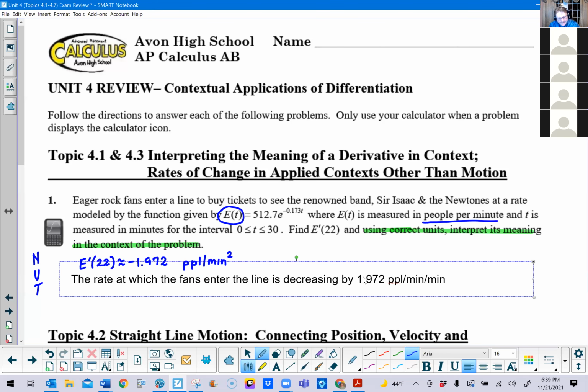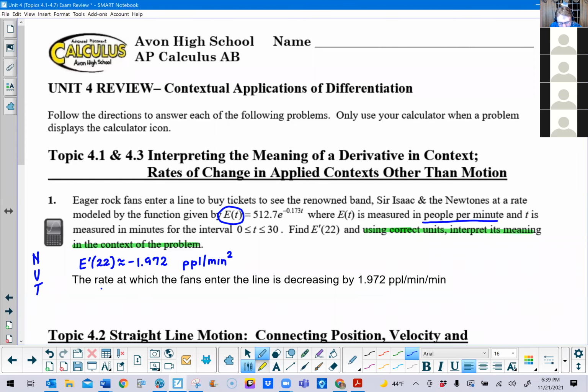Because this word rate with that word decreasing, when you have the right phrase, the right words around it, is going to be fine. If I wanted to interpret E of t, and this is what really helps kids, tell me if I even have to use the word rate.